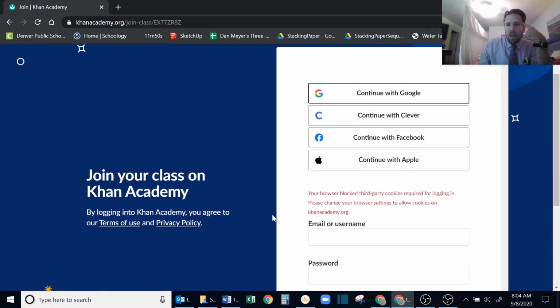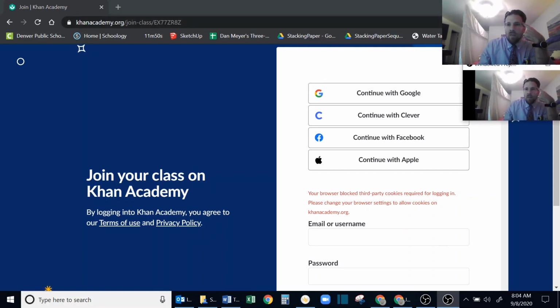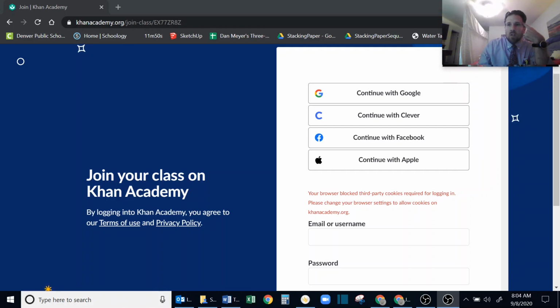And it says here blocked third party, so you may have to ensure that this doesn't block you. I'm in incognito mode, so you won't run into that, but once you click on that continue with Google, you just log in using your school Google account.